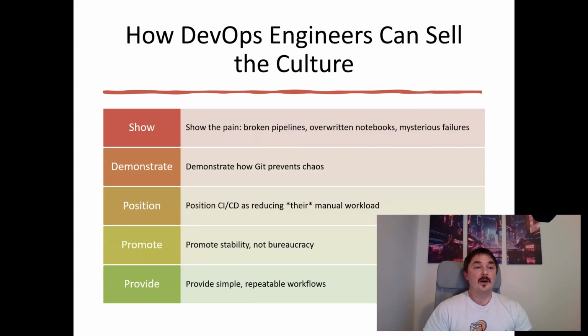You will demonstrate how Git will prevent chaos, and basically with CI/CD, you reduce the workload of people. Because if you don't know what is going on, how it is failing, and what is the reason for all of that chaos, you need to debug it again and again and again. With CI/CD, you can be pretty confident that your production is stable. So yeah, it promotes stability and not bureaucracy.